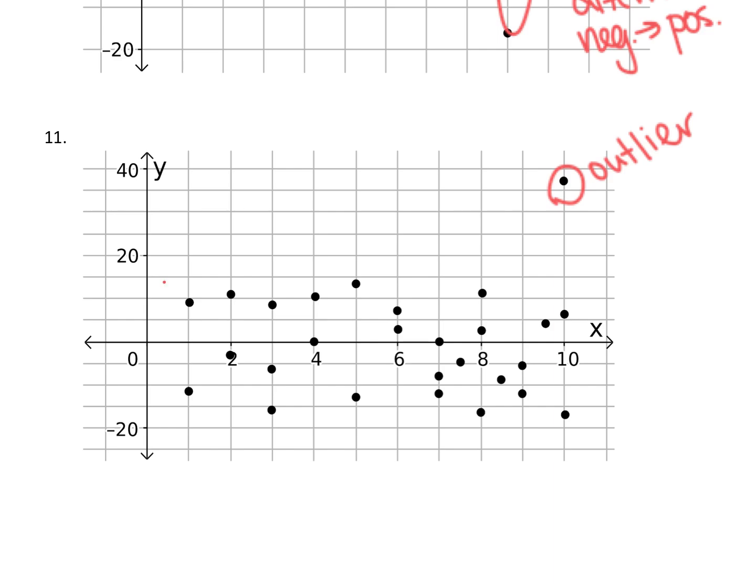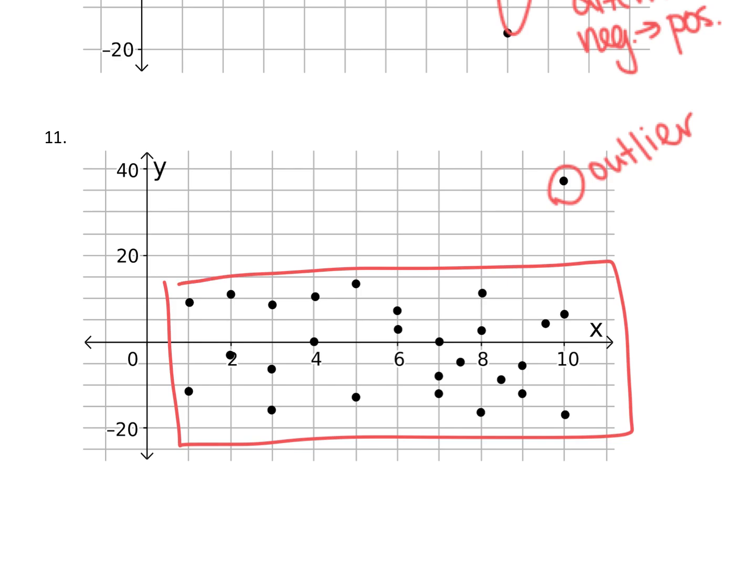And then the rest of this looks pretty nice as a linear model. Do you see that? It's our line of best fit going through that middle. The data points are pretty evenly above and below.